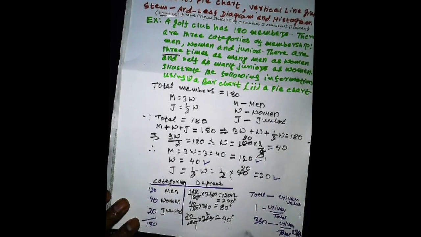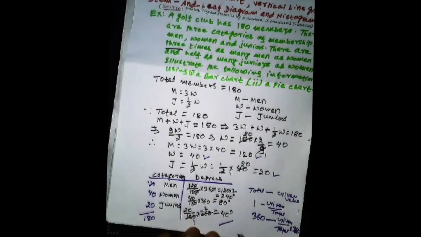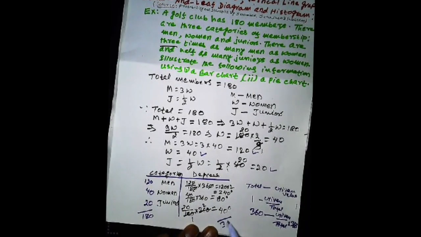So we have now converted the proportions of men, women and juniors, which were out of 180, to out of 360 degrees. Proportion of men is 240 degrees, proportion of women is 80 degrees, and proportion of junior is 40 degrees.